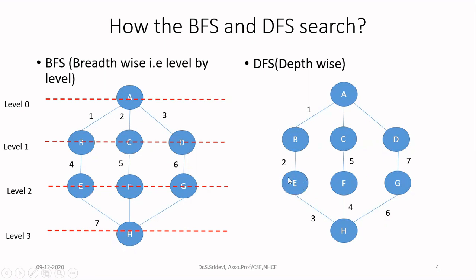So I will visit it. After visiting E, I'll go to the neighbor of E that is not visited. So in this, I have H that will be visited now. So I have started with A, then I went to B, then E, and then H. So I have gone depthwise. So this is how DFS is going to work.